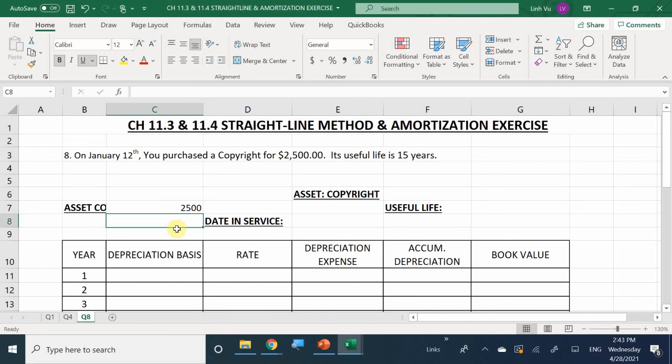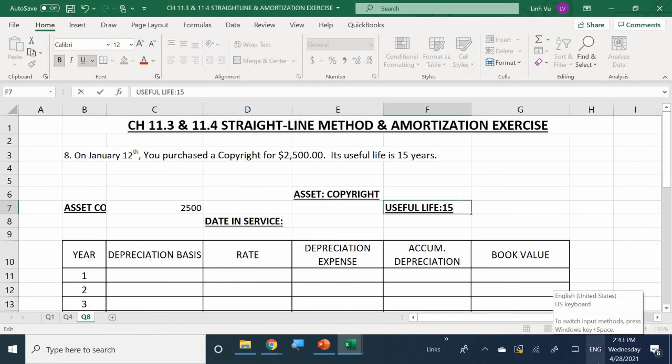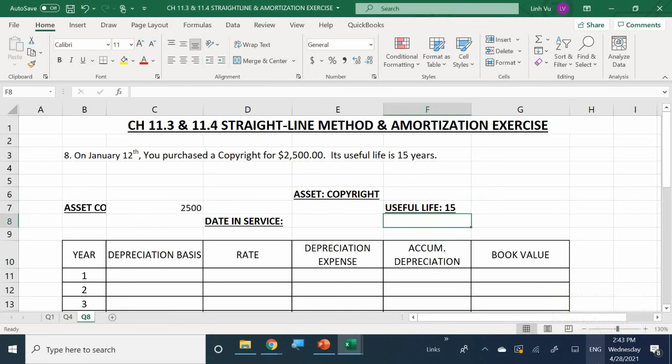Okay. And of course, does it have a salvage value? No. So that's why I didn't have that included in one of the criteria. What's its useful life? 15 years. And lastly, when did I actually place this into service, or when did it start? January 12th.